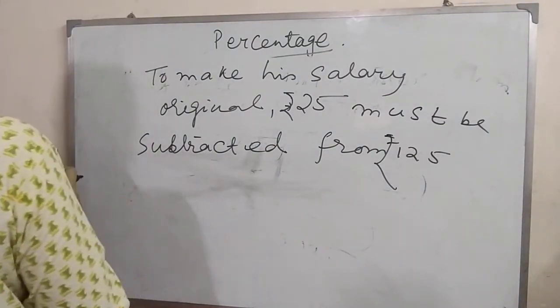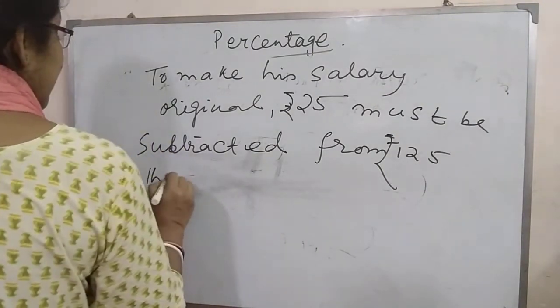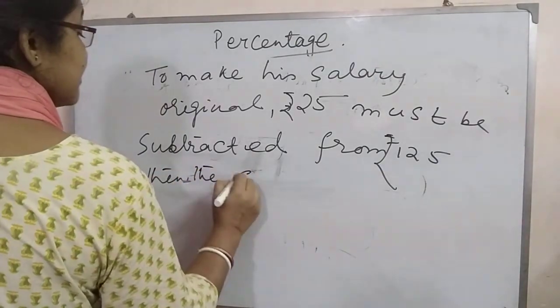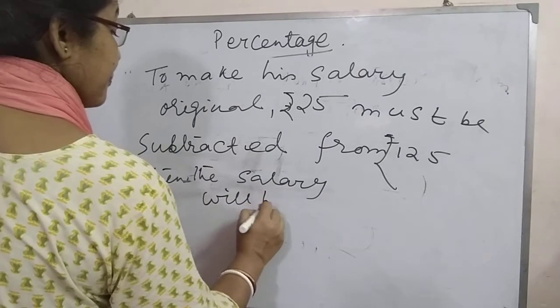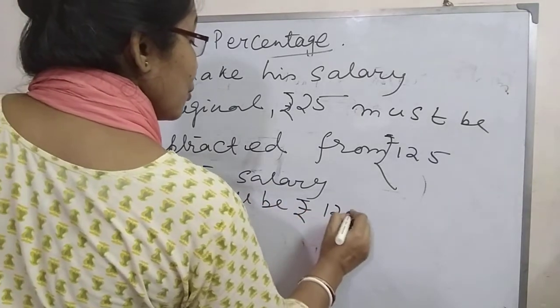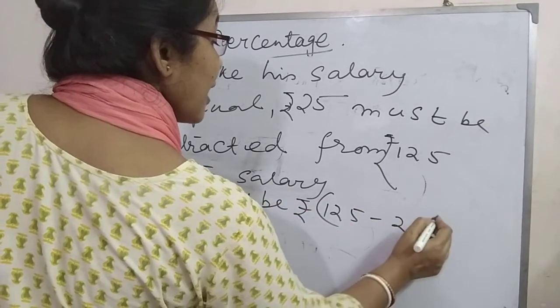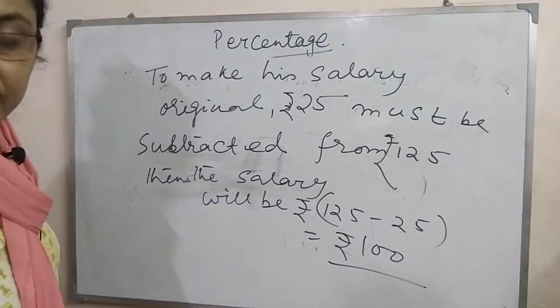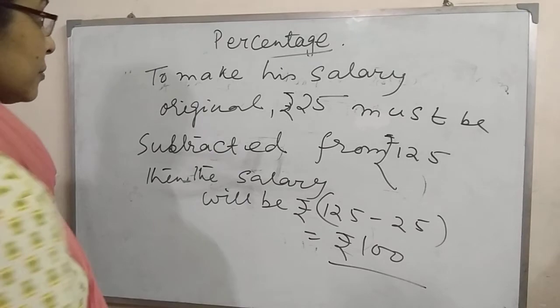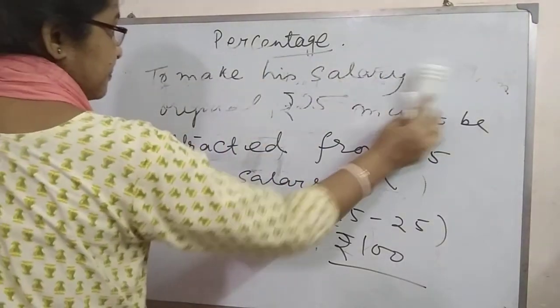Then the salary will be rupees 125 minus 25. This is equal to rupees 100. That is original salary. Okay.